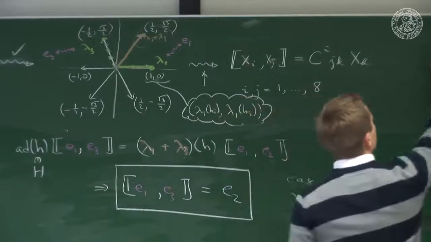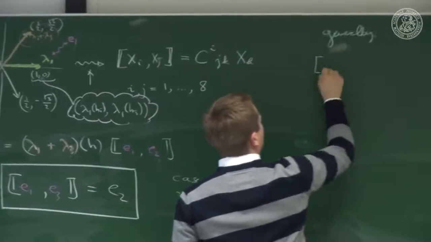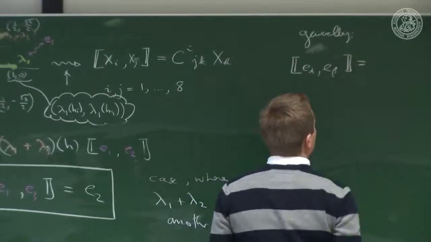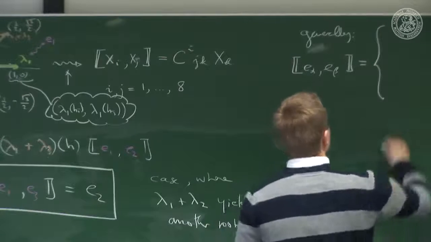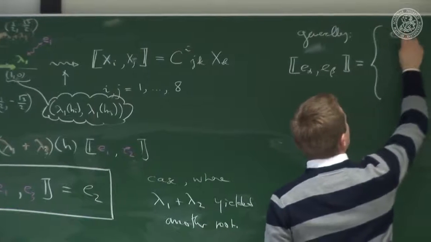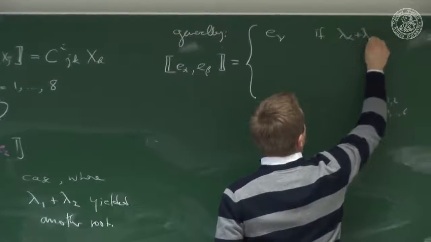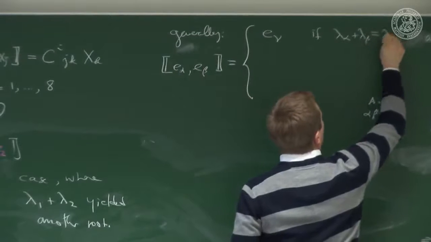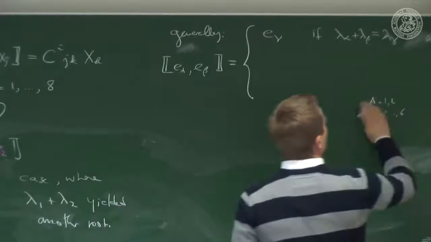Okay, so we could say this in general: the commutator of E alpha with E beta equals, now we have three cases, and we just clarified case 1, that is E gamma, if lambda alpha plus lambda beta, the corresponding roots, add up to lambda gamma. Okay, that's this case.